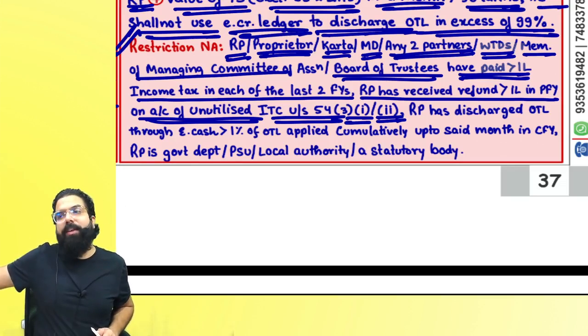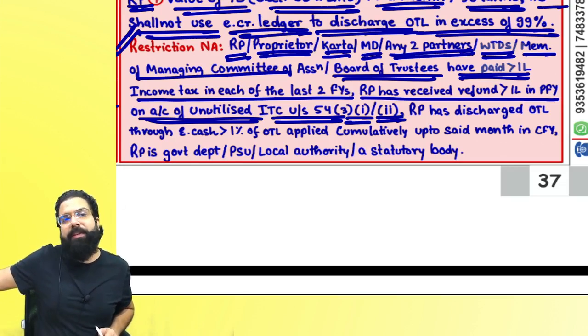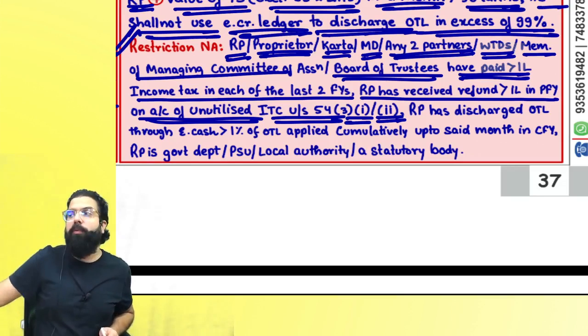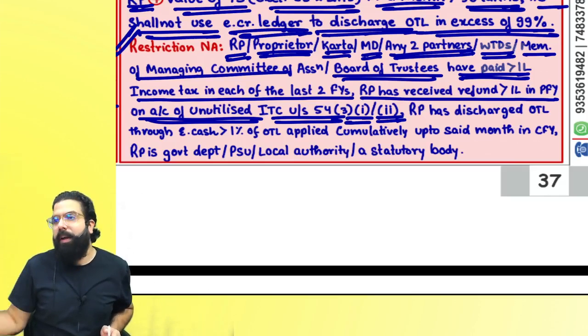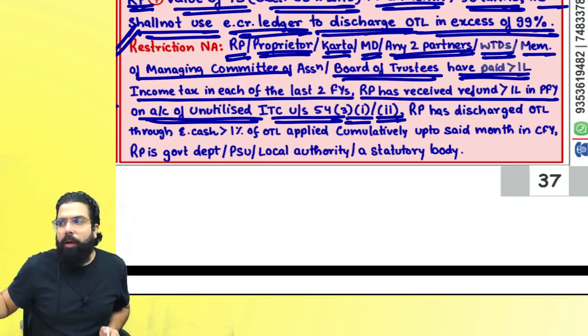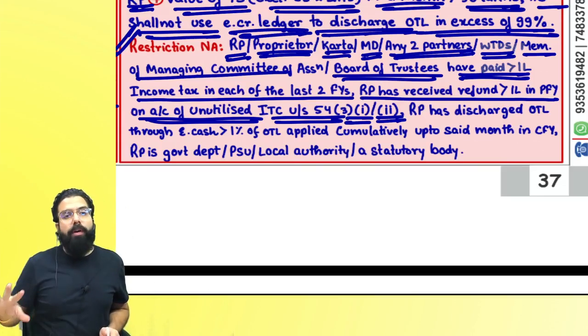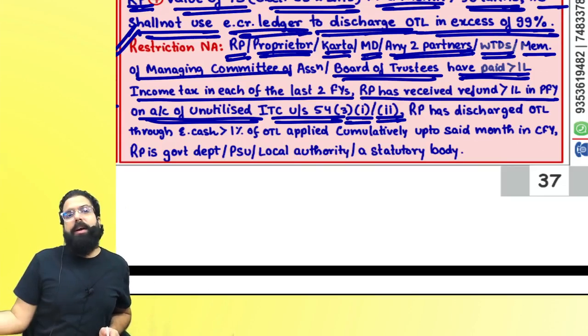It is each of the financial years, the last two preceding financial years, for which the due date to file the income tax return is gone, and you have paid more than 1 lakh rupees income tax in both years.